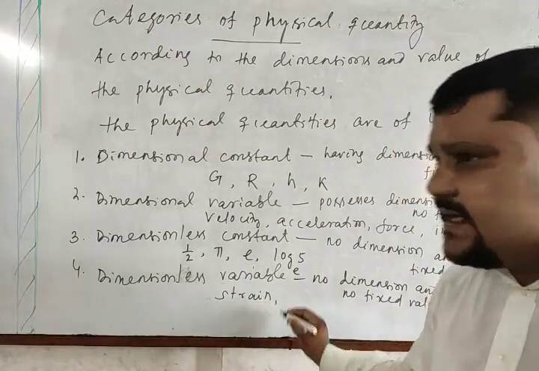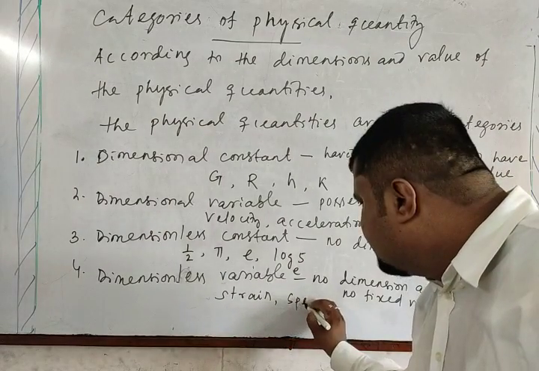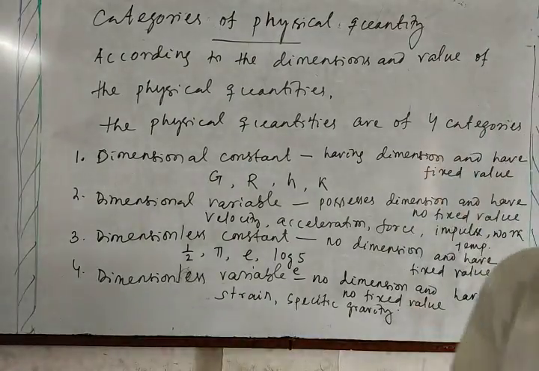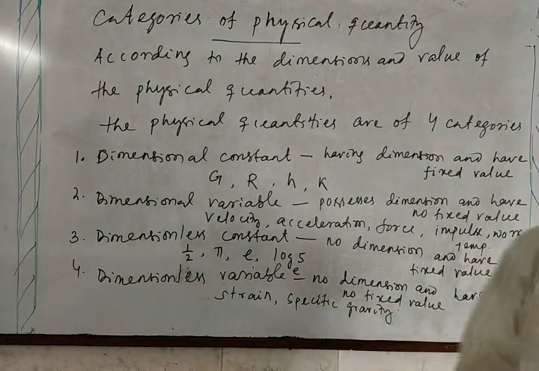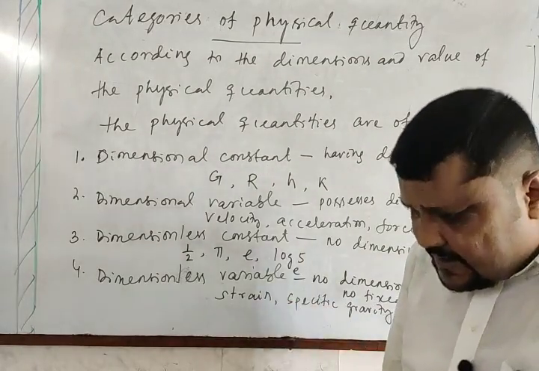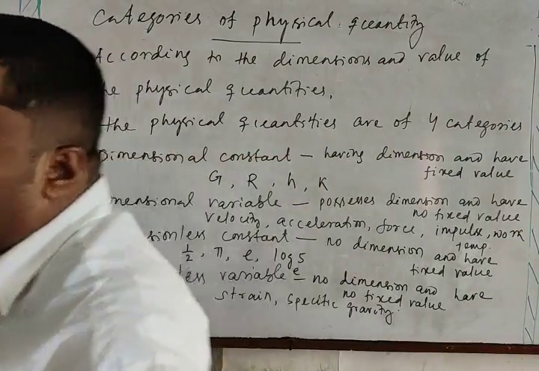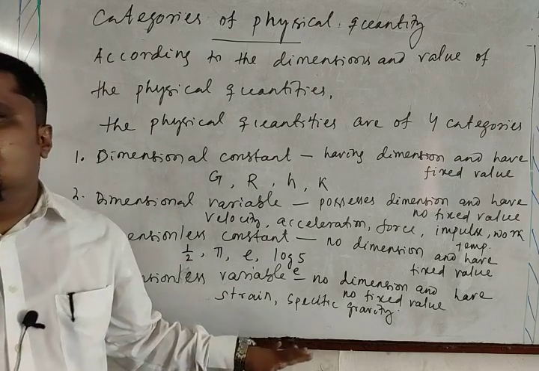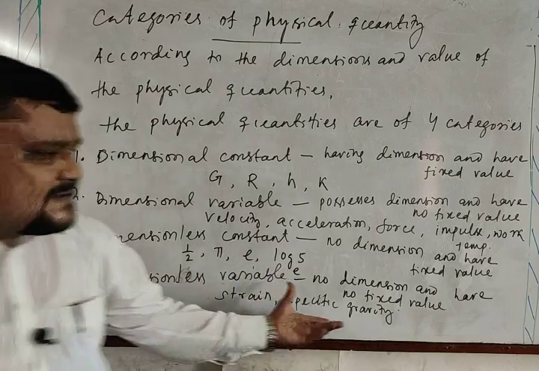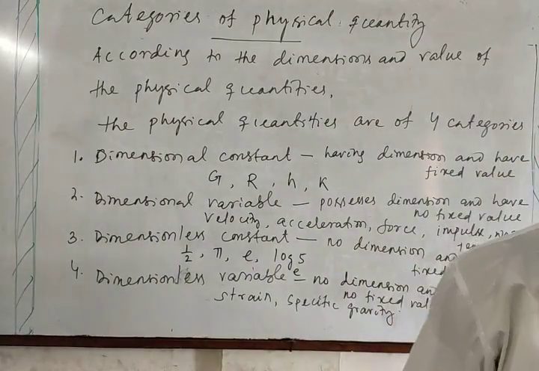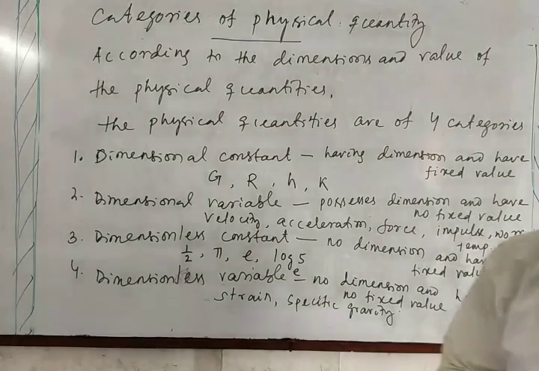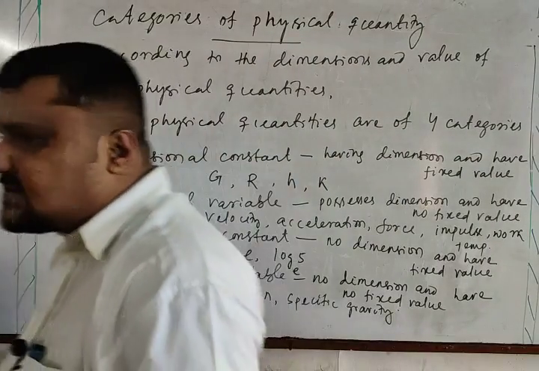Then the other one is specific gravity. They have no dimension and no fixed value, because with strain, if you apply more stress, the strain will be more. It has no dimension but the value is not fixed. Its dimension is M0, L0, T0. Specific gravity also, you are comparing the density of the substance with respect to water density, meaning comparing the weight of the substance with respect to the same volume of water's weight.